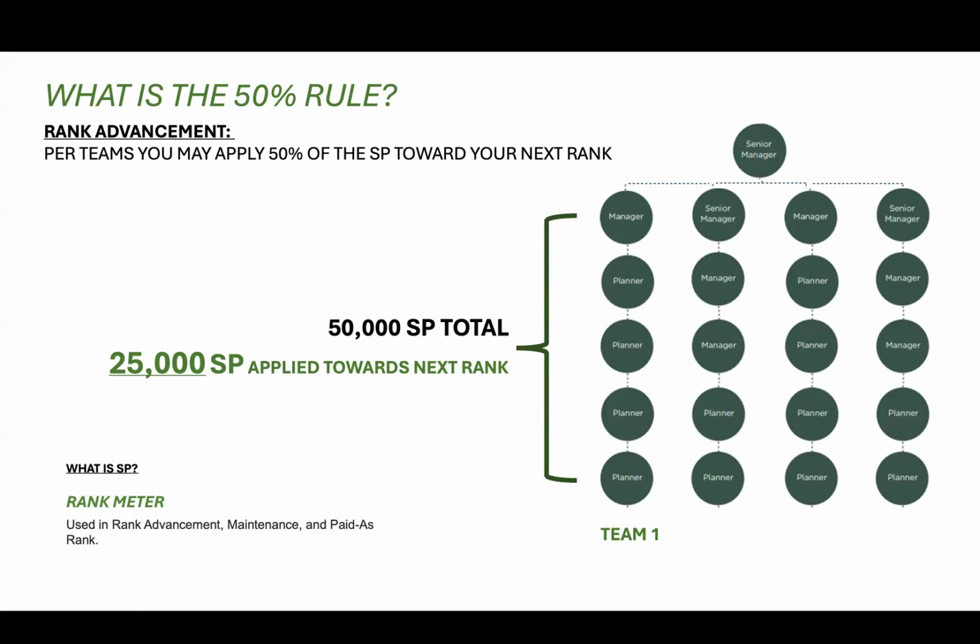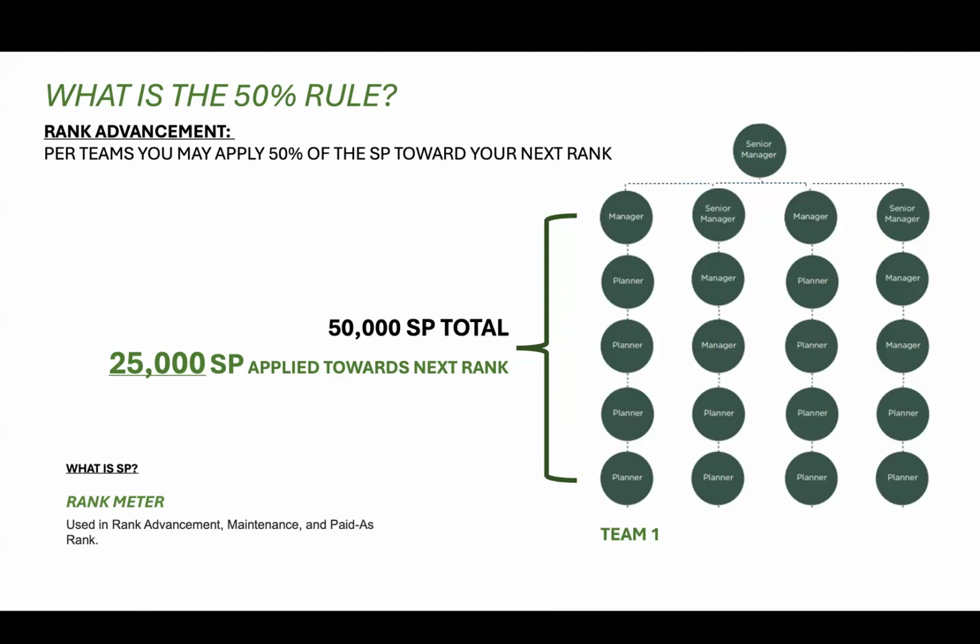To reach team leader, senior manager, any of these ranks, you hit the ranks by accumulating SP. So if you accumulate 50,000 total SP in one leg, you can use 50% of that to apply to your next promotional rank.